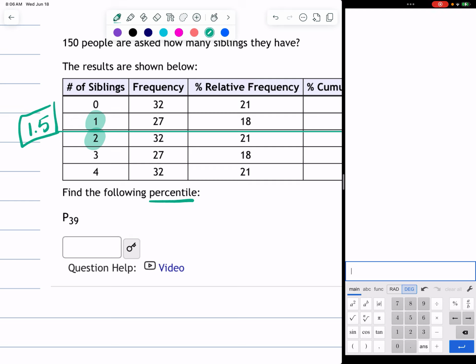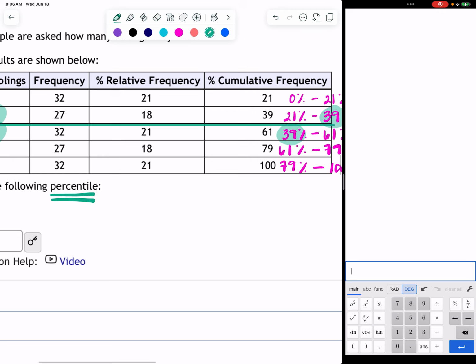Realize that the percentile is not necessarily talking about actual people. The percentile is a dividing line.